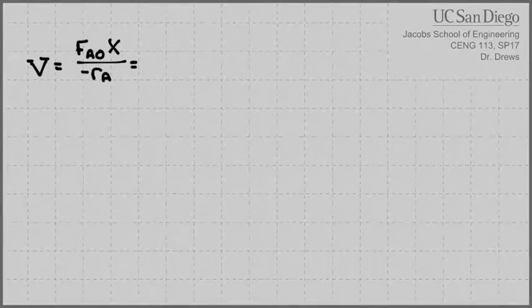Now we start substituting stuff. This is X_A. Should we replace F_A0 with anything? No, F_A0's good. We were given what F_A0 is. We have to replace our rate law. So we would end up with K C_A squared underneath F_A0 X_A.